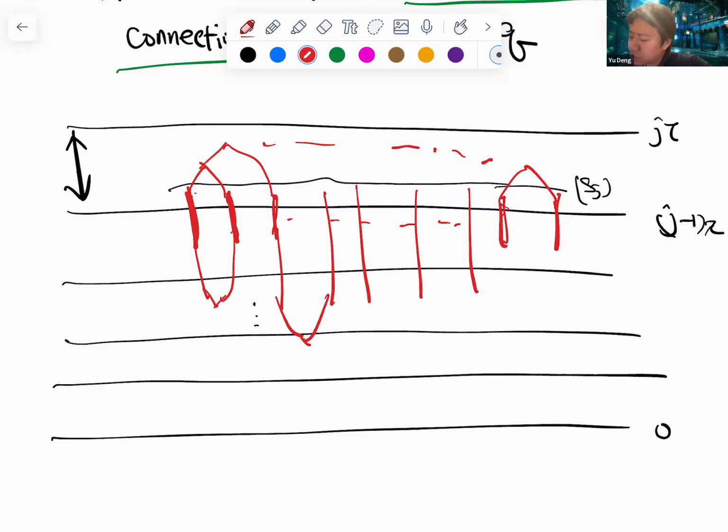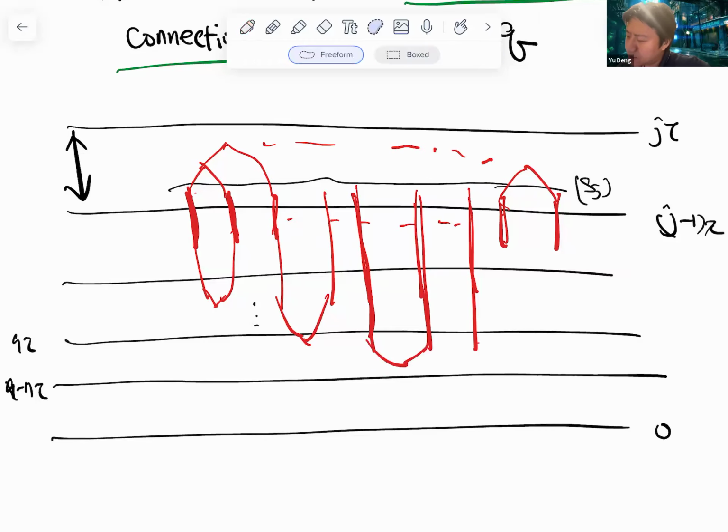But most of them still don't get connected until they reach this, Q minus 1 tau, Q tau. Most of them still don't get connected until they reach this layer.